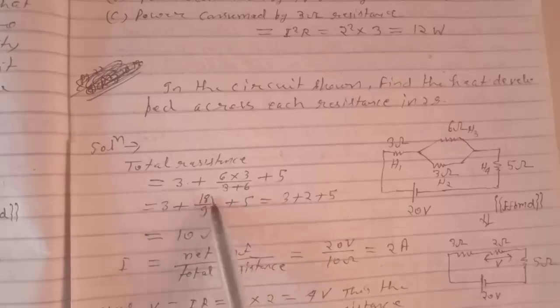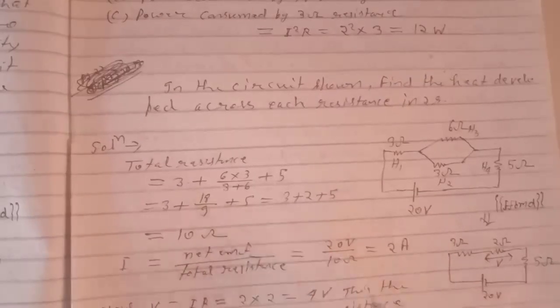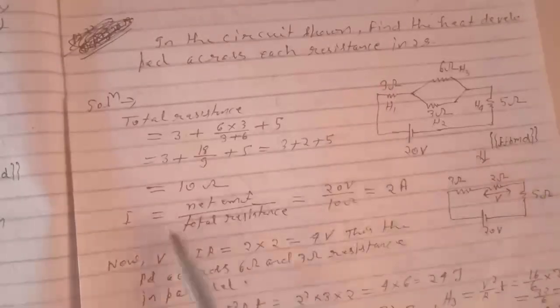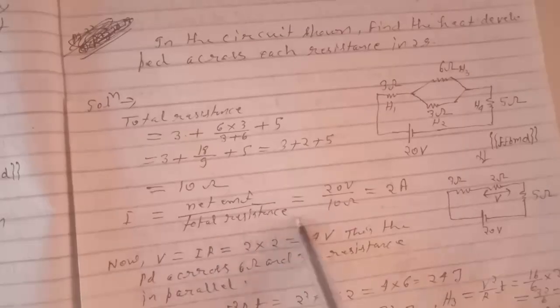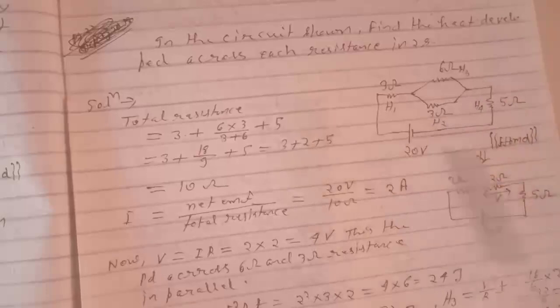So 3 plus 18 by 9 plus 5, or 3 plus 2 plus 5, equal to 10 ohm. Now the current in the circuit will be I equals net EMF by total resistance, 20 volt by 10 ohm, equal to 2 ampere. So the current in this circuit is 2 ampere.